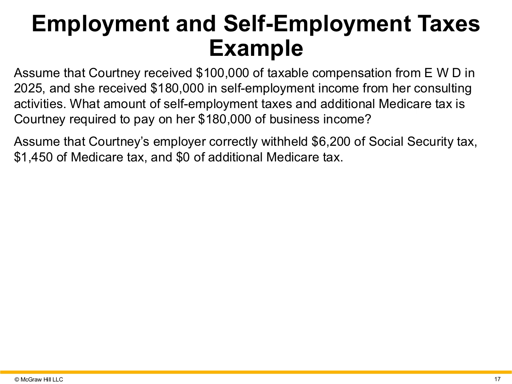What amount of self-employment taxes and additional Medicare tax is Courtney required to pay on her $180,000 of business income? And we are to assume that Courtney's employer correctly withheld $6,200 of Social Security tax, $1,450 of Medicare tax, and $0 of additional Medicare tax.